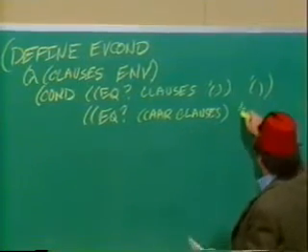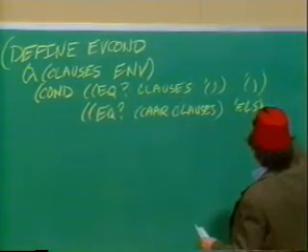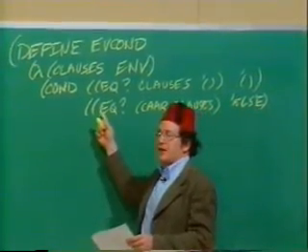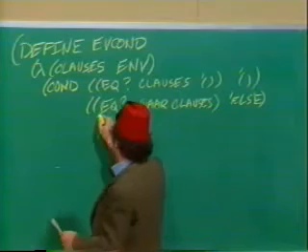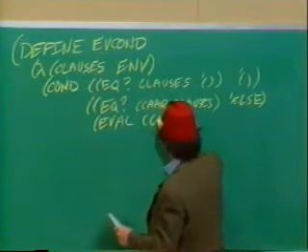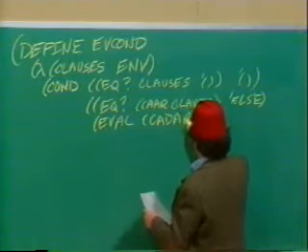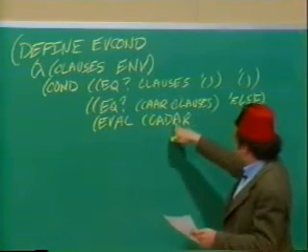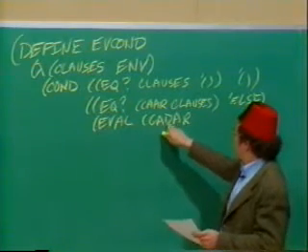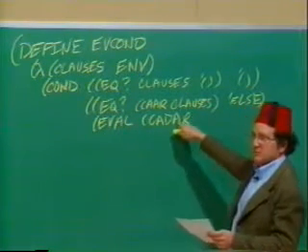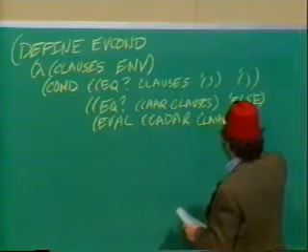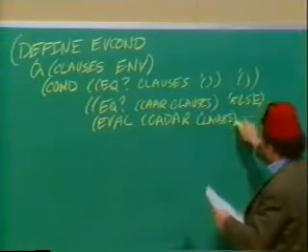If it's an else, then it means I want my result of the conditional to be the result of evaluating the matching expression. So I eval the cadar, the second element of the first clause, of the car of the clauses with respect to the environment.